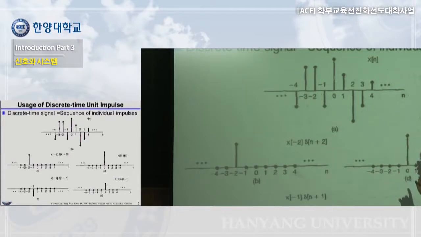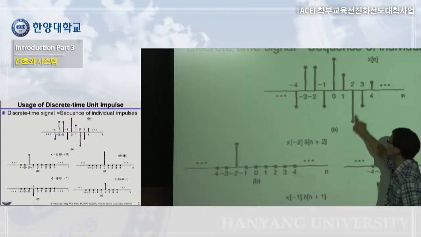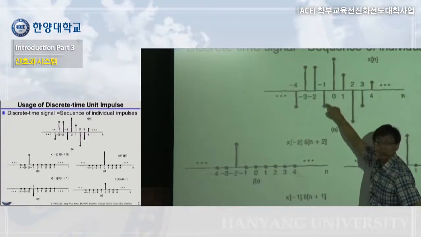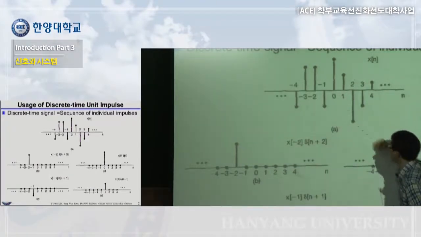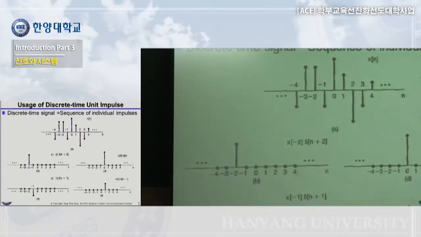So one point of view here is we can pick each point and divide it into signals having only one point, and consider this original signal as the sum of all those separated signals. We can consider them like that.